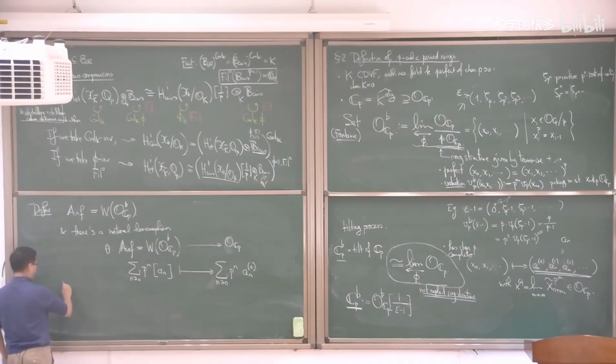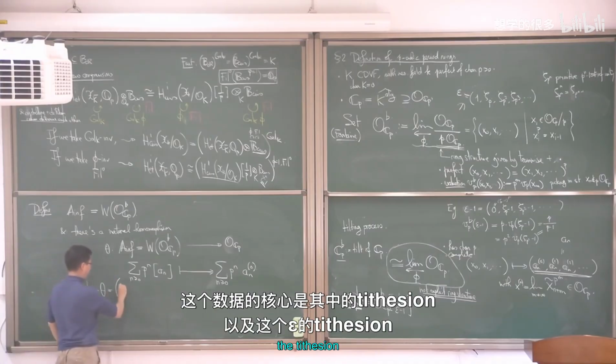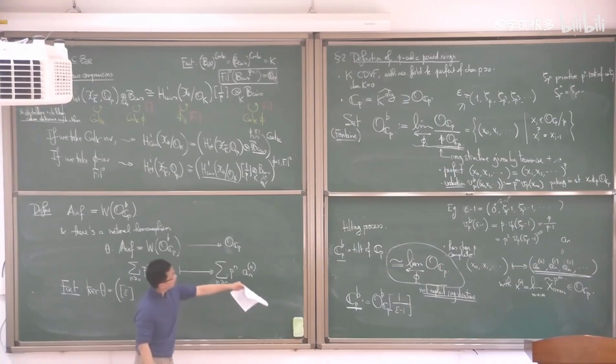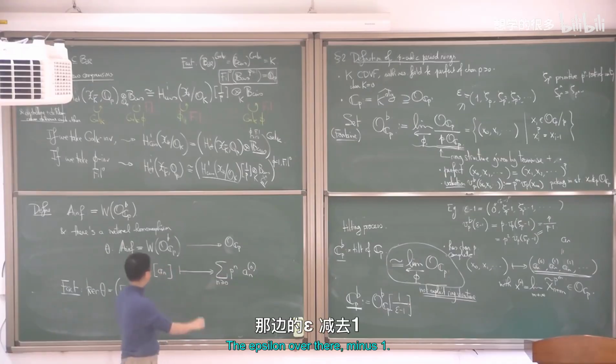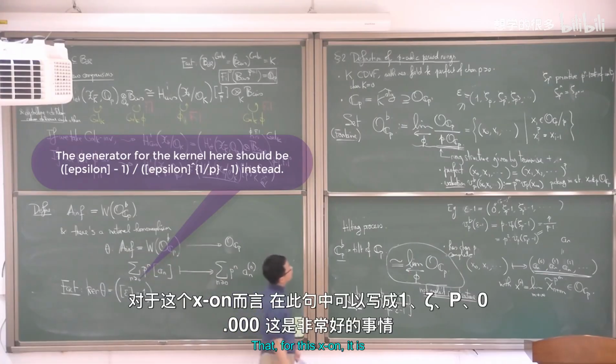And here's another fact: the kernel of theta is generated by the Teichmuller lift of epsilon minus 1. Why is that?